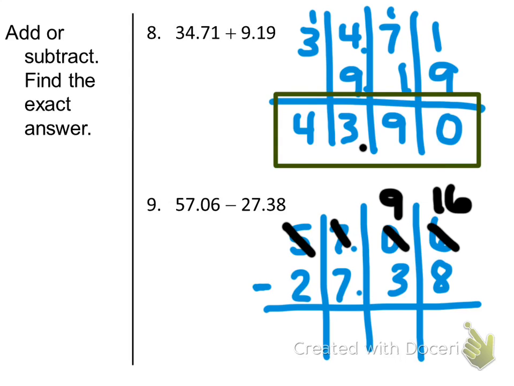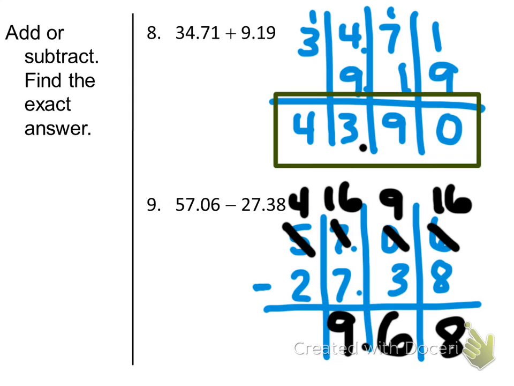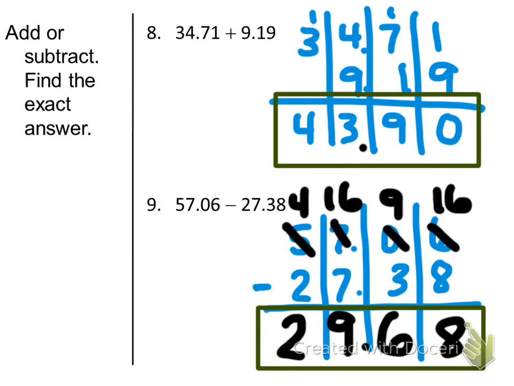This becomes 4. And then this is 16. So 16 minus 8 is 8. That's correct. 9 minus 3 is 6. 16 minus 7 is 9. 4 minus 2 is 2. So the correct answer for number 9, you should have gotten 29.68.